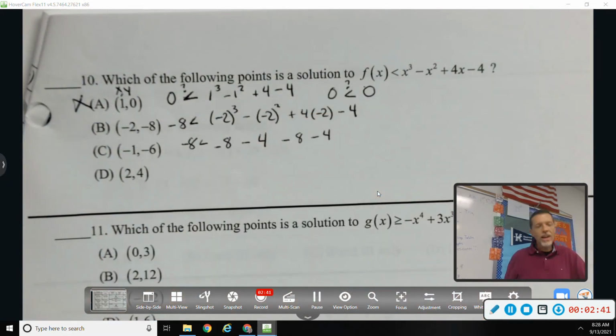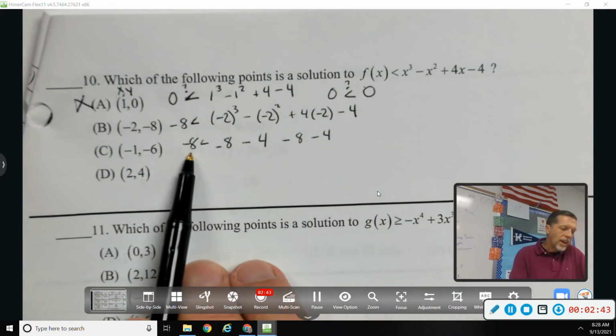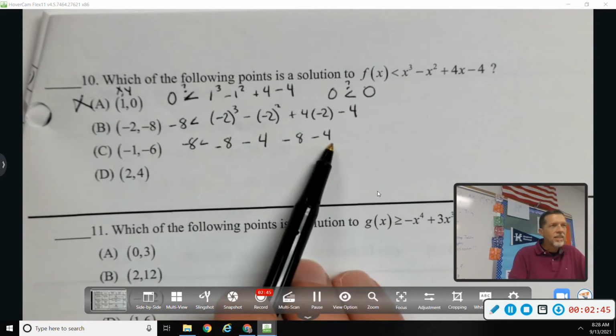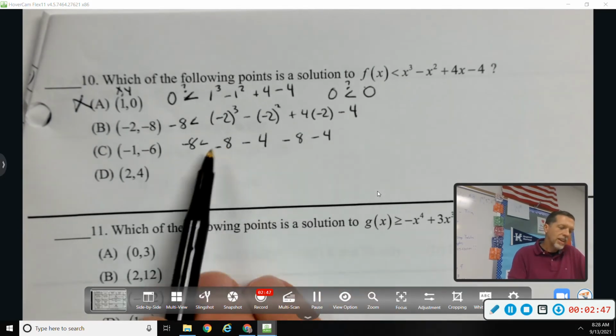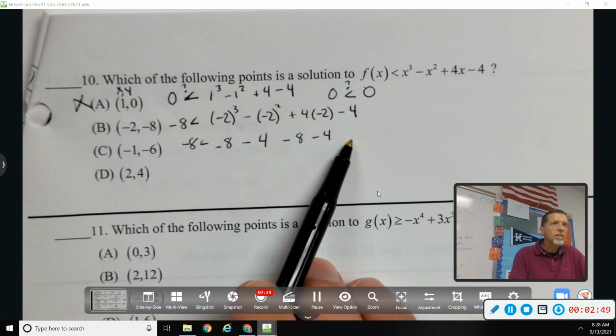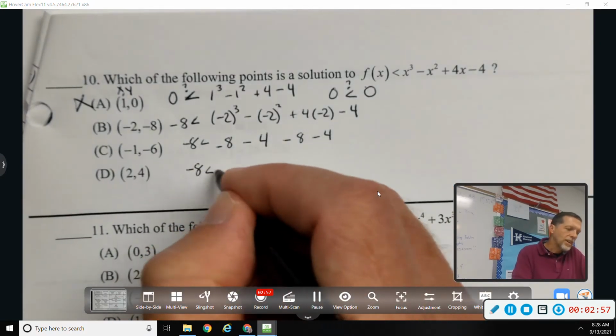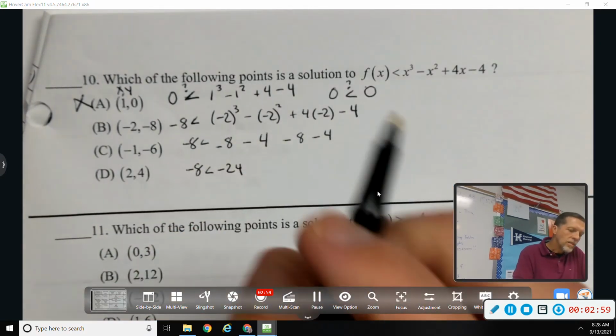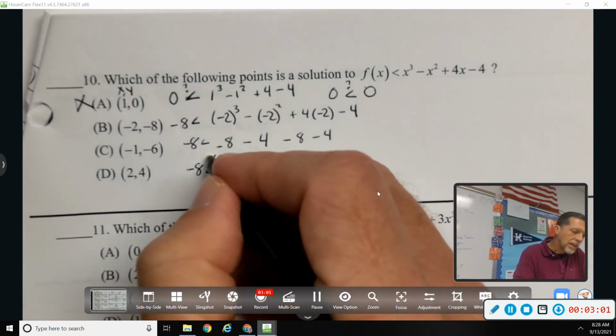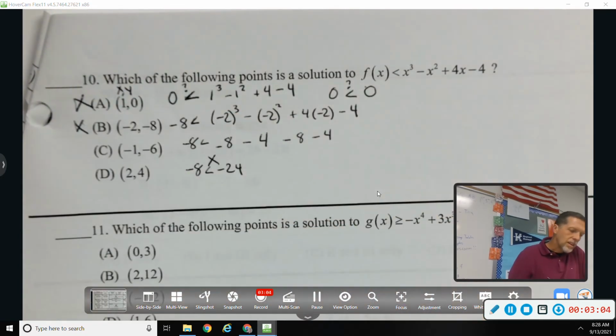So even without adding all those up, is -8 less than -24? That's not true. Think about the number line. It's not left of -24.